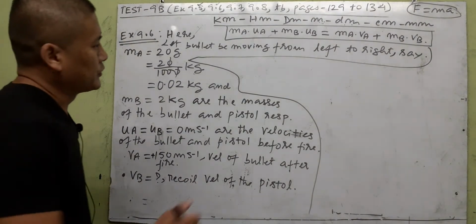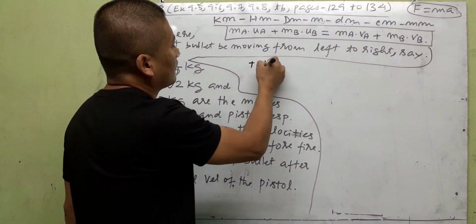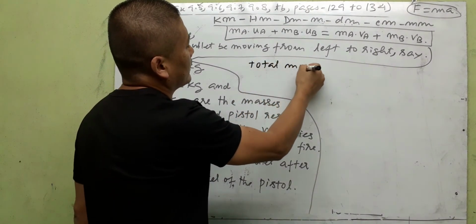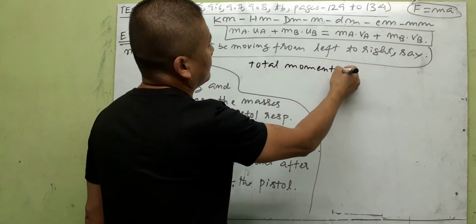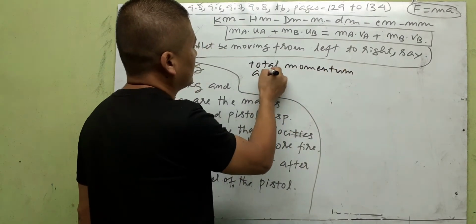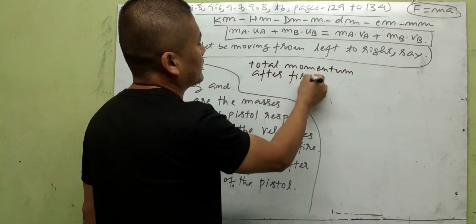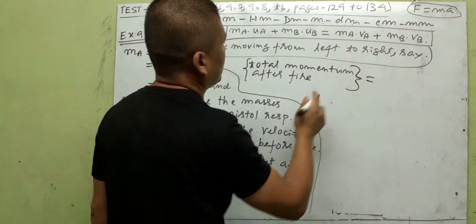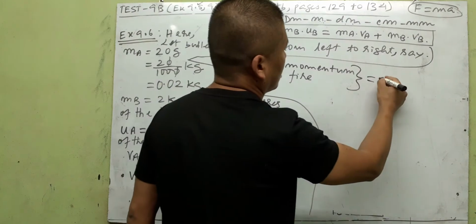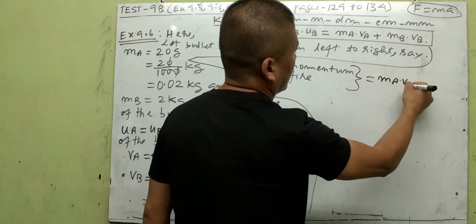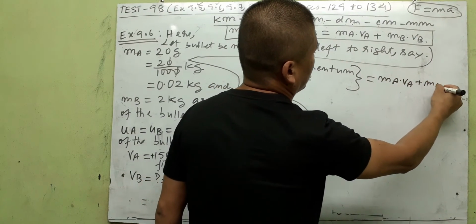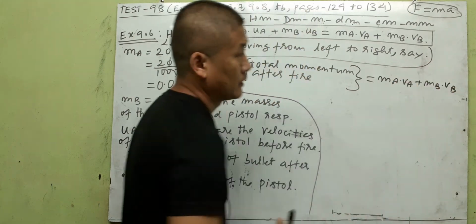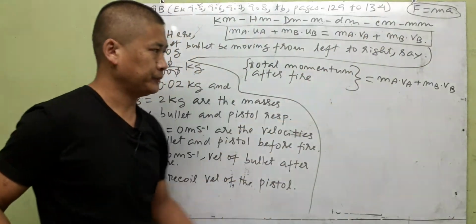So we're going to use this formula. Total momentum after firing the pistol, let us say. So total momentum after fire is this one, MA VA plus MB VB, this portion of the formula.